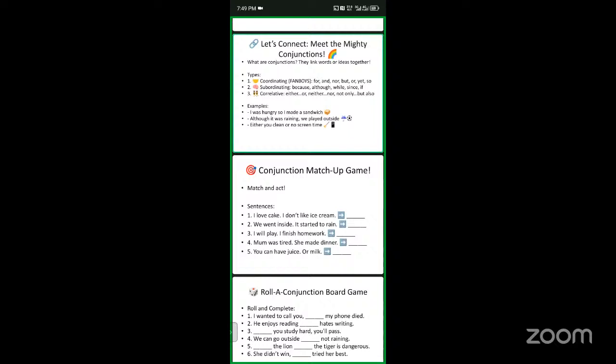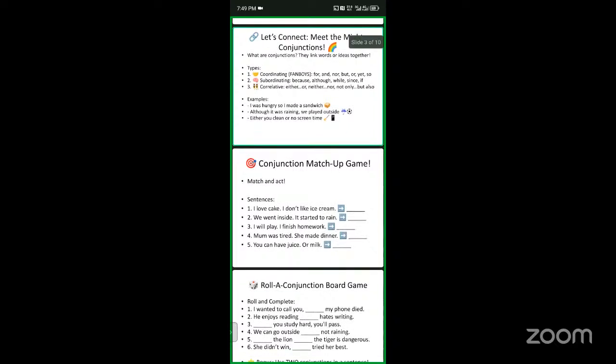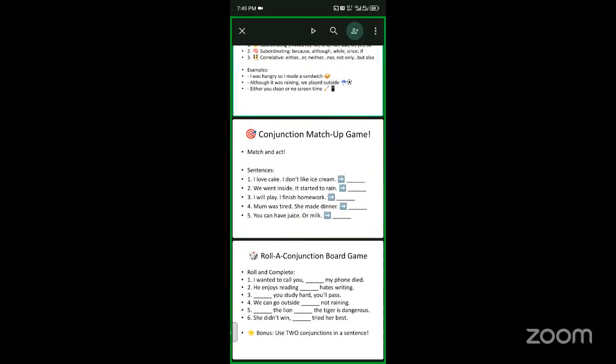Conjunction matchup game. Let's see. I love cake. I don't like ice cream. What can we use to join them? I like cake, but I don't like ice cream. Correct. So this one is from Fanboys.